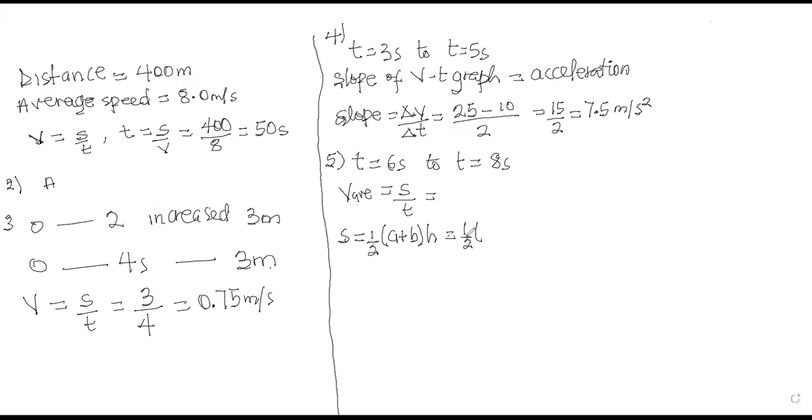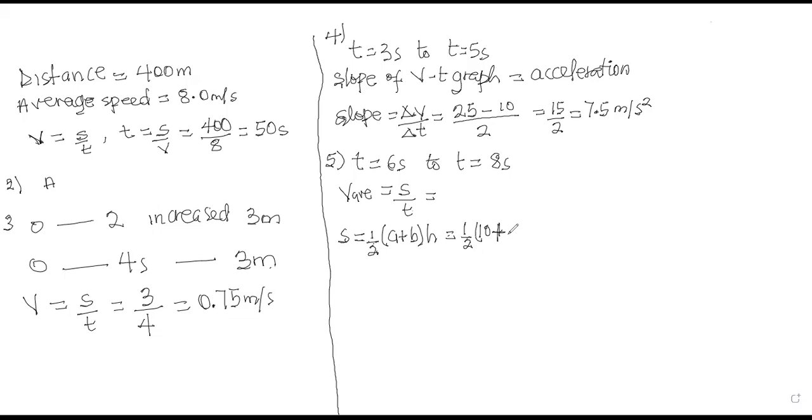What is A? A is the smaller side of the two parallel sides. So from the graph, the length A is equal to 10. So this is 10 plus the other parallel side, which is B, corresponds to the time 6.